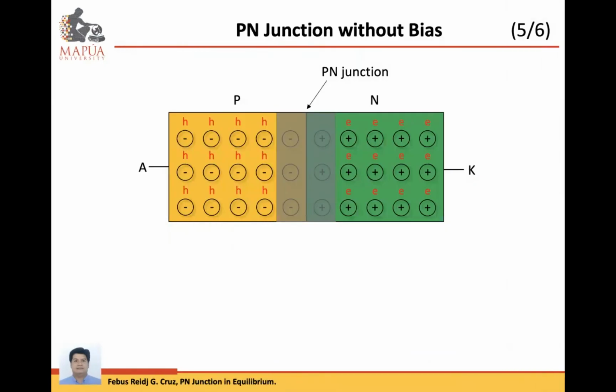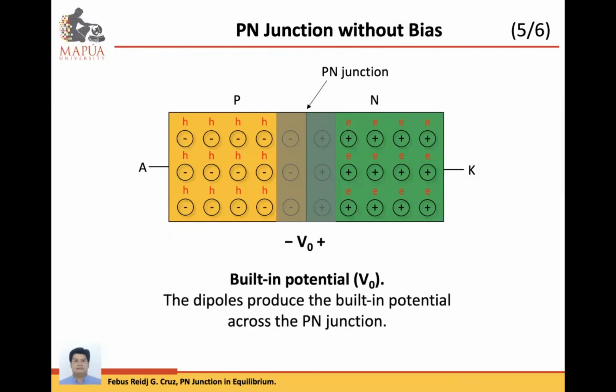Because of these dipoles, internally inside the p-n junction, we will have a built-in voltage. Nagkakaroon tayo ng internal voltage. Okay? Positive potential on the n-type side because of the positive ions and negative potential on the p-type side because of the negative ions. So by having dipoles, we have the internal or built-in voltage or potential.